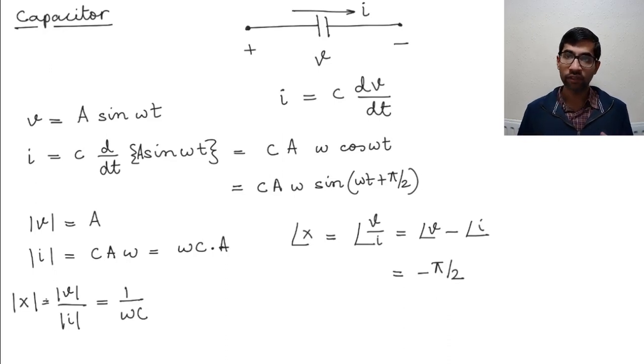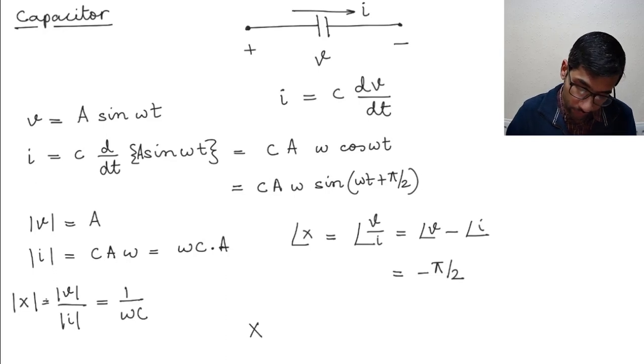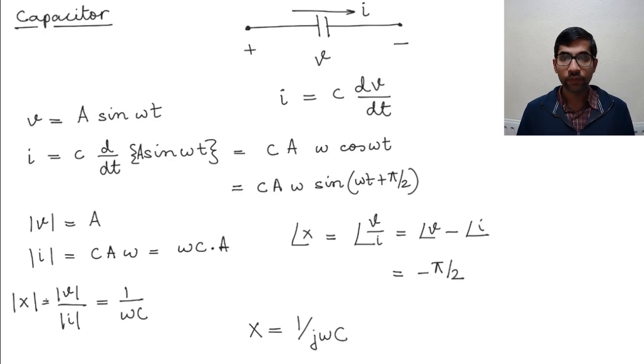So what that tells us is x is not a real number, right? X has an angle and a magnitude. It's not a real number, it's a complex number. Okay, and if you convert this x into a rectangular format, what you would get is x equal to 1 over j omega c. Okay, but j is the square root of -1, it's the complex number.